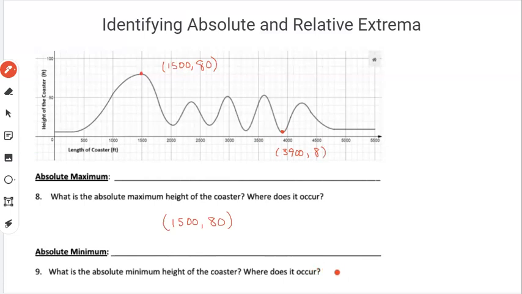So the absolute minimum would be at 3,900, 8. So that's absolute maximum, absolute minimum, and you can also have relative maximum and relative minimum. So that's what I mean by extrema. You can have a maximum of a function, and you can also have a minimum of a function.